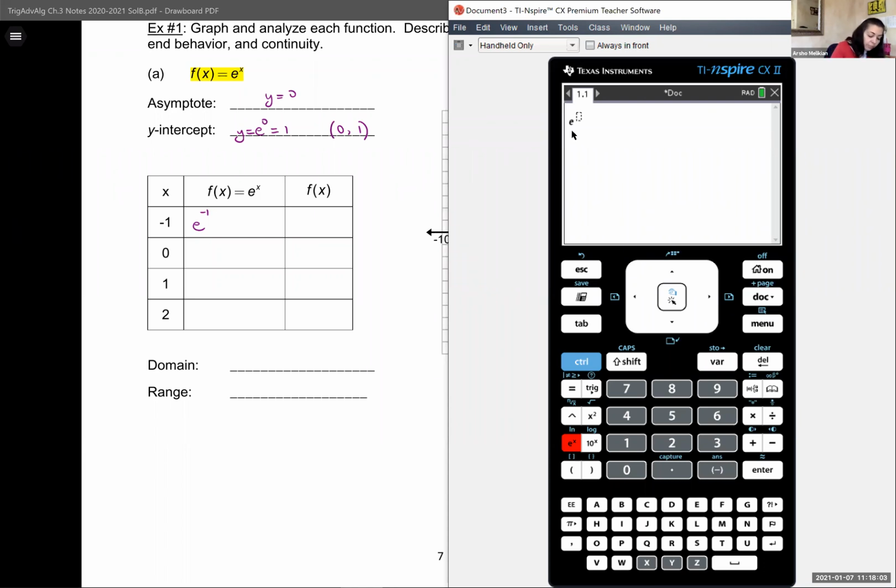You see how it's a bold E and it gives you the little exponent field. So here we're going to put in -1, and there we go. Now, how much do we round? You're doing this table to graph. Can you graph by hand the difference between 0.3 and 0.36 or 0.4? No. So 0.4 is good enough.